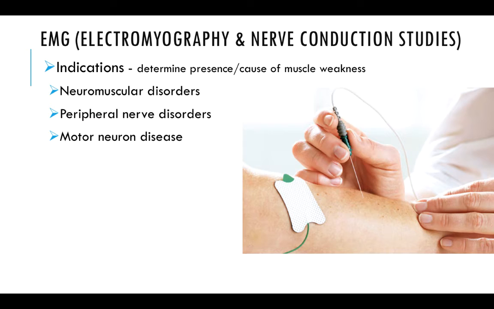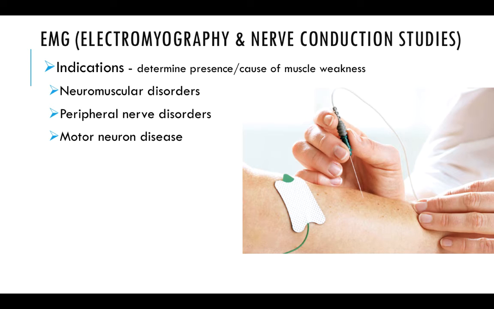It can be used to diagnose neuromuscular disorders like ALS, muscular dystrophy, Guillain-Barré, diseases like that. Also peripheral nerve disorders like peripheral neuropathy, and also motor neuron disease like multiple sclerosis, where the neurons are being destroyed.